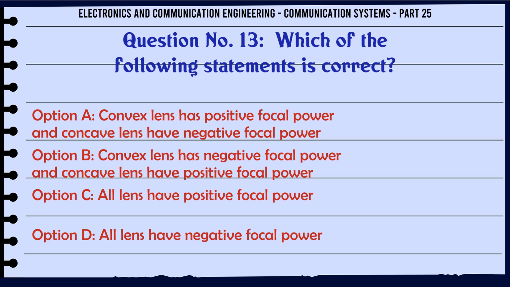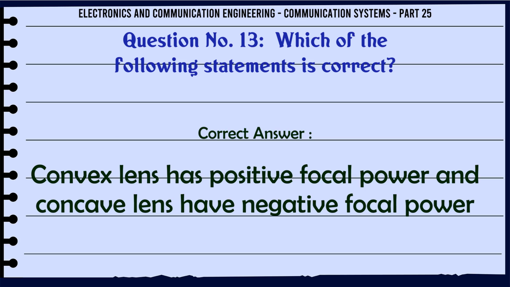B. Convex lens has negative focal power and concave lens have positive focal power. C. All lens have positive focal power. D. All lens have negative focal power. The correct answer is convex lens has positive focal power and concave lens have negative focal power.